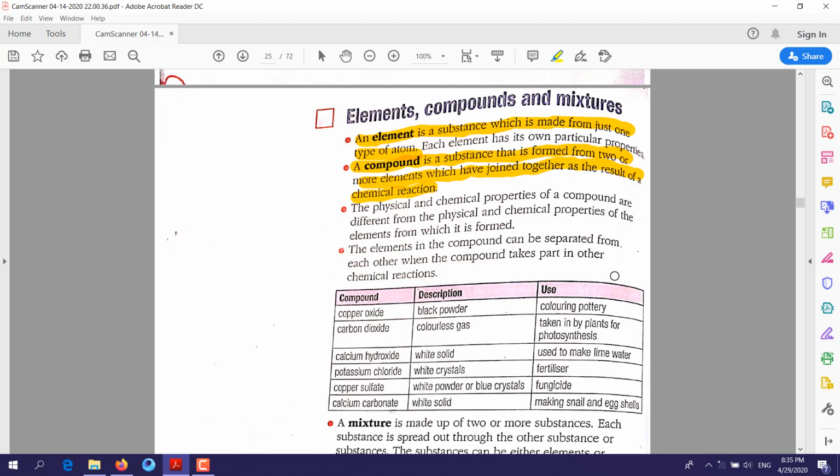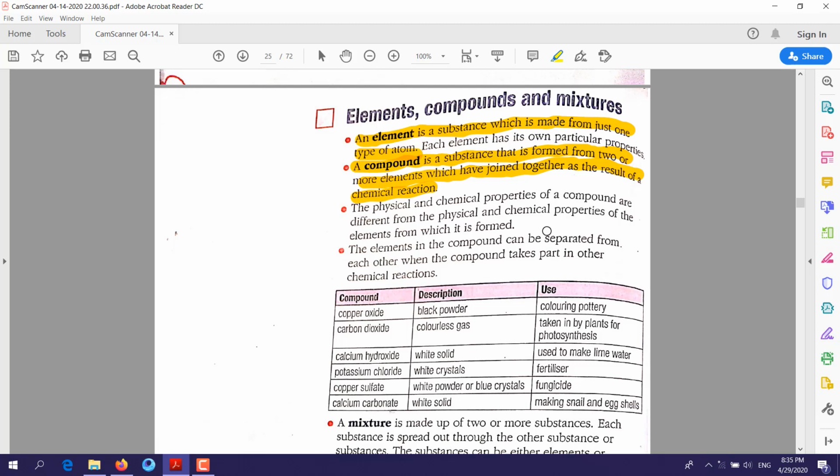So the physical and chemical properties of a compound are different from the physical and chemical properties of the elements from which it is formed. For example, take hydrogen. Hydrogen as an element is a gas.